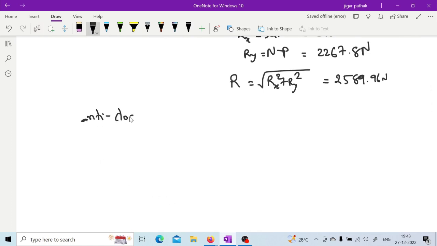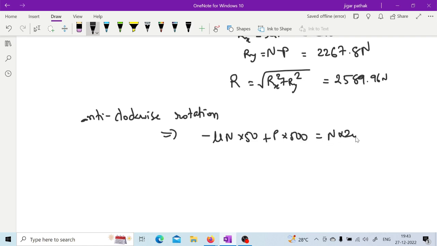For anti-clockwise rotation, I am not again drawing the figure, but as you know, this friction is going to change the direction, so it will be minus mu N into 50, plus P into 500 will be equal to N into 200. So this will again give you this P around 1553.57 Newton, right?